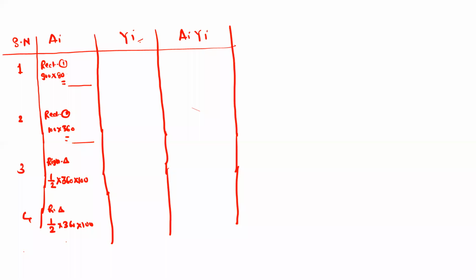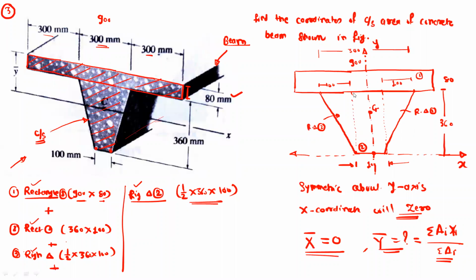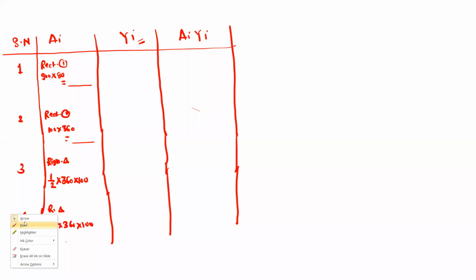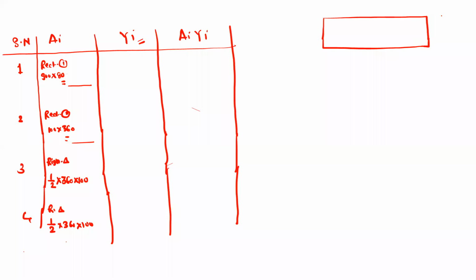Now just observe the y coordinate. For rectangle 1, this is the rectangle 1 at distance 360, so its base side is at 360 mm. This is 80 mm. Then this is the y-axis and this is the x-axis. We need to find out the distance of the center of gravity.